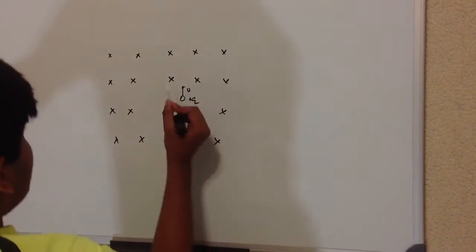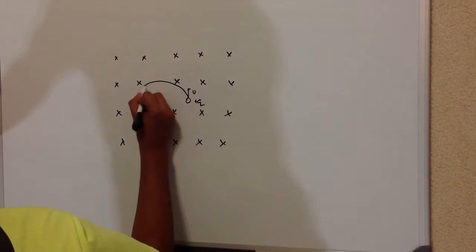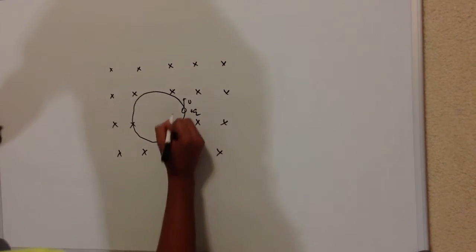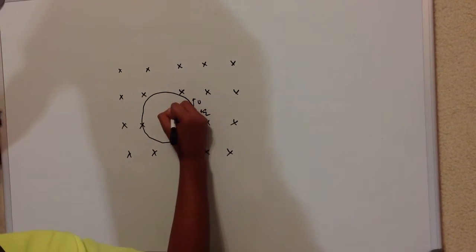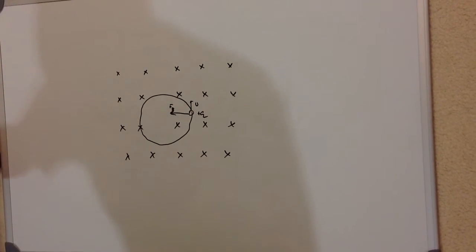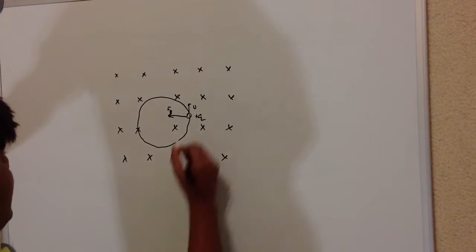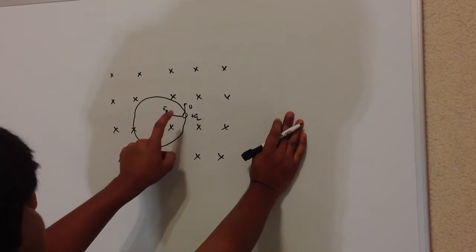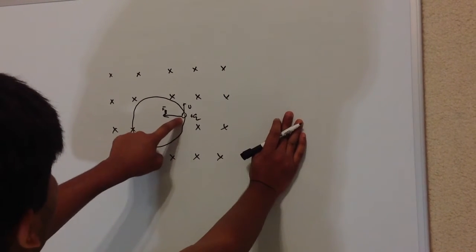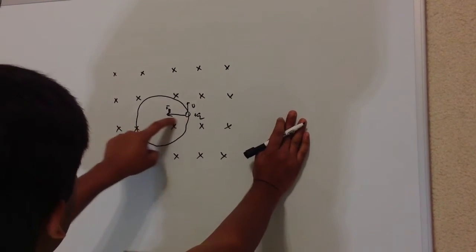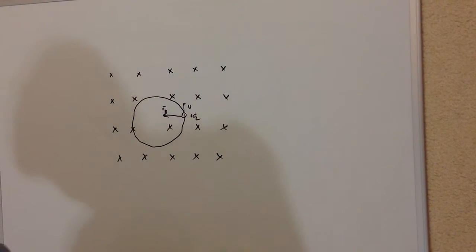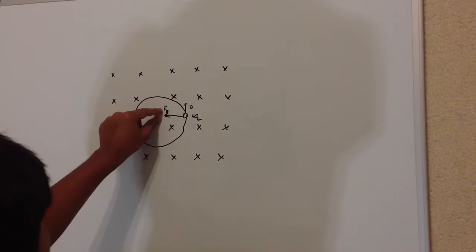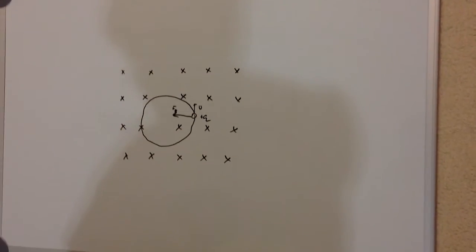So in this case, the path this particle would follow is like this. Sorry for my badly drawn circle. And this would be the force of the magnetic field. The particle is undergoing centripetal force coming from the force of the magnetic field as it undergoes circular motion.